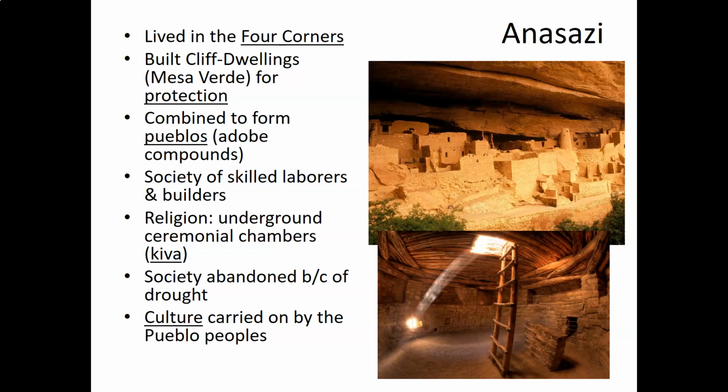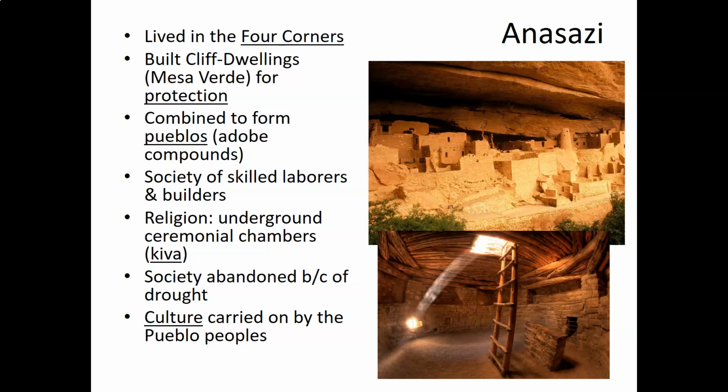And we know from seeing these buildings and other things that we found from them, such as pottery and tools, that they were a society of very skilled laborers and builders. From a religious standpoint, they practiced what we know as animism, and that term goes with many cultures, but they had their ceremonies in underground ceremonial chambers, which are known as kivas, and so forth.